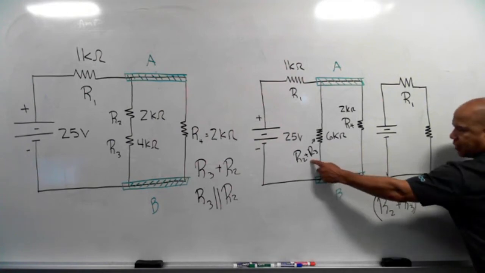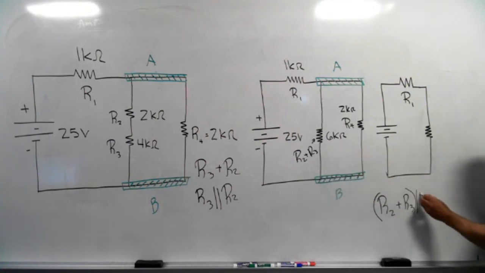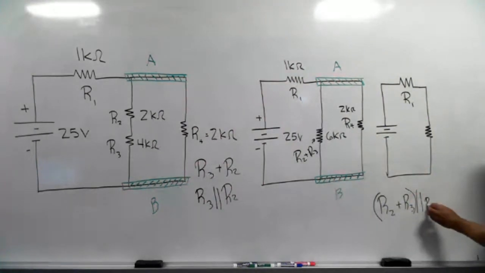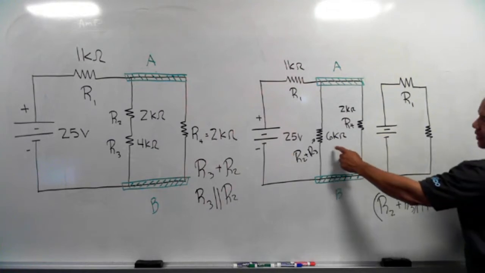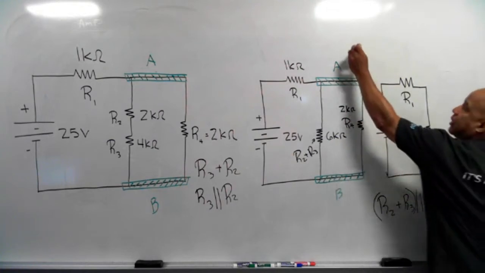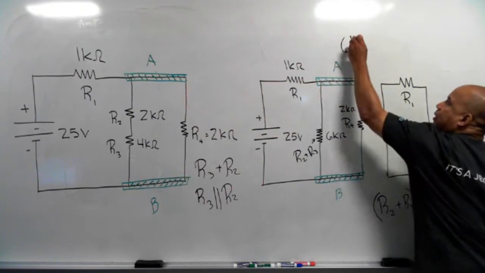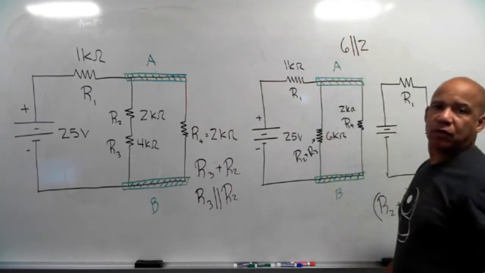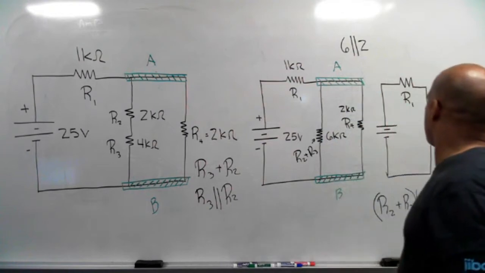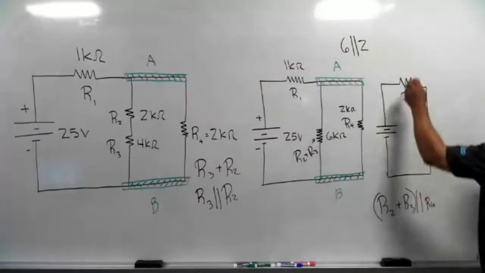And this value right here is in parallel with R4, which is 2K. So basically, I have 6 in parallel with 2. So I can use my product over the sum or 1 over R rule to do that. We'll do that in just a second.